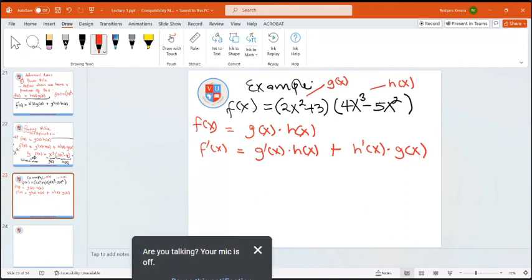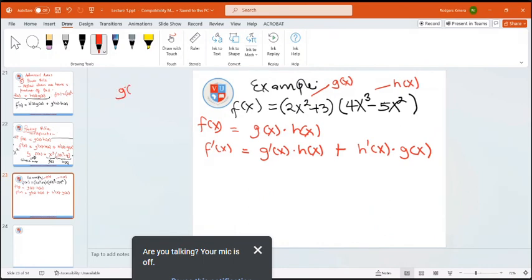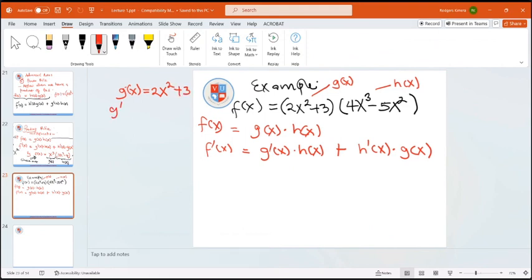On the side, if my g of x equals 2x squared plus 3, I can get my g prime x as 4x. Does that make sense? Is everyone understanding where I'm getting the 4x? Yes, sir. You've multiplied. Okay, good. Let me make this one very clear.